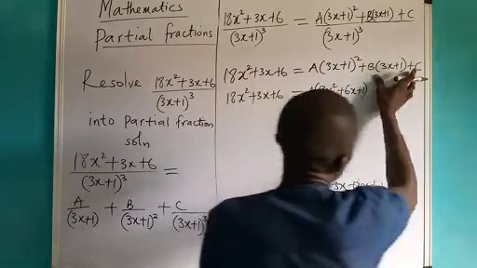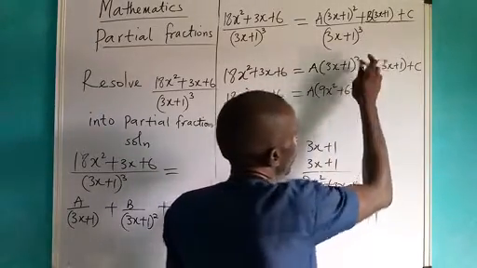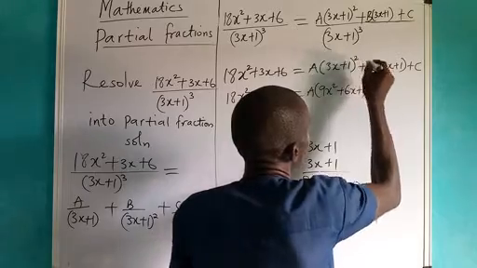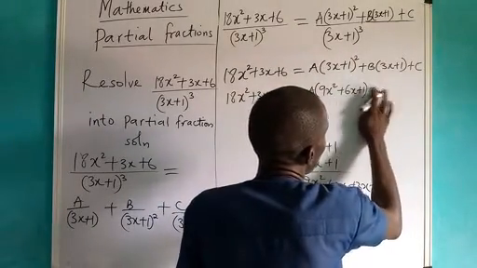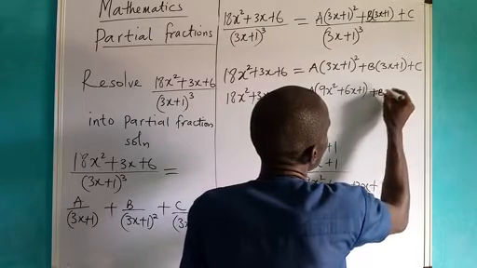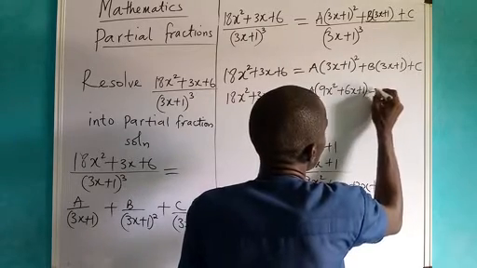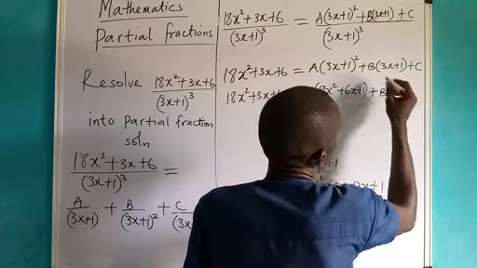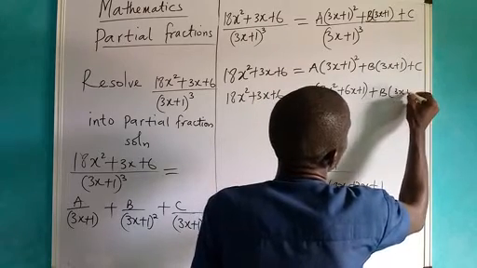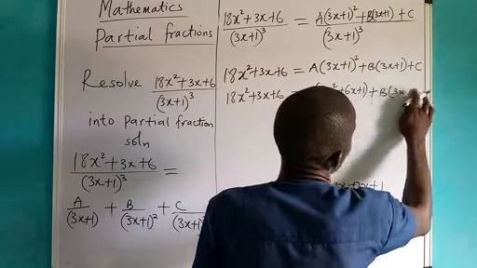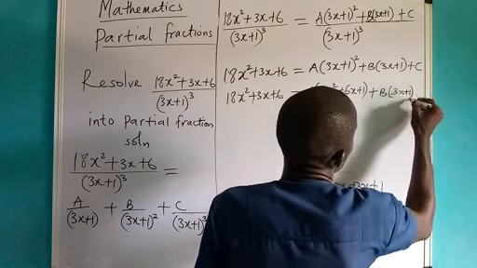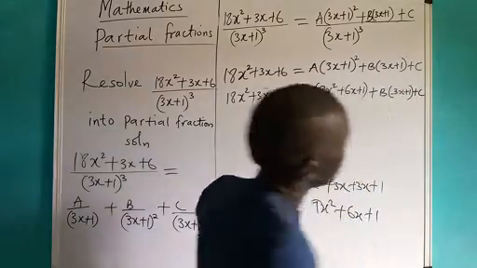Now, I can't expand this one, because it only appears once, meaning I cannot expand it. I will just go straight and say plus b, open bracket, 3s plus 1, plus c. That is what we have there.